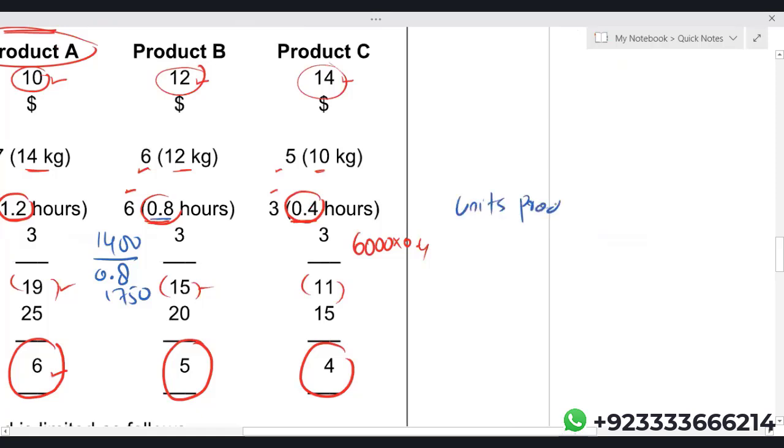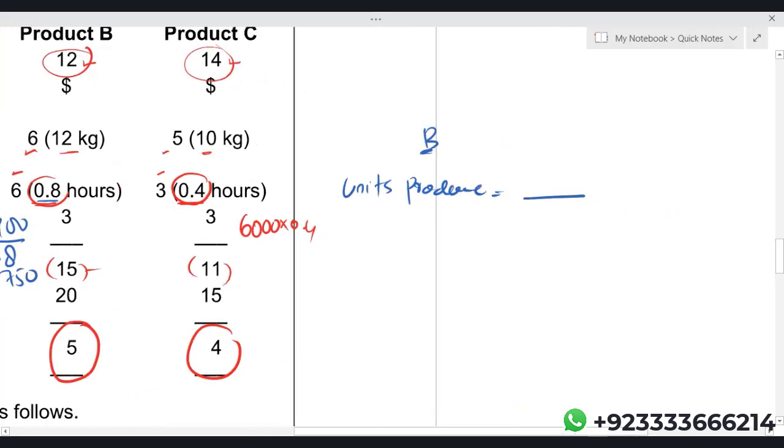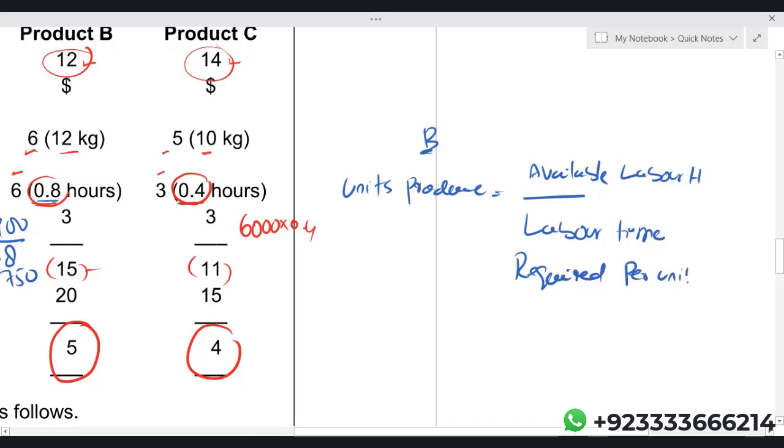Units produced is equal to available labor hours divided by labor time required per unit.